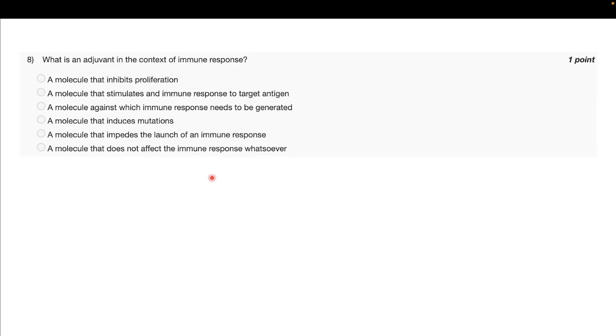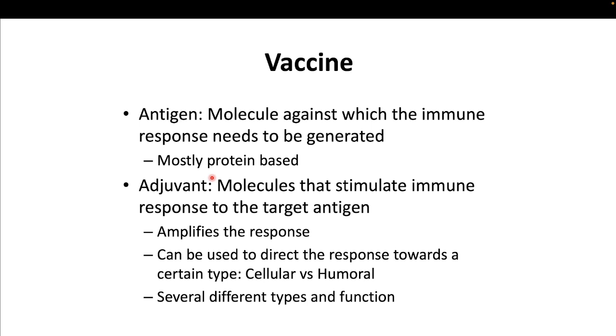No one? Okay. You're correct. The correct answer is option 2. Adjuvant is a molecule that stimulates the immune response to target that particular antigen.